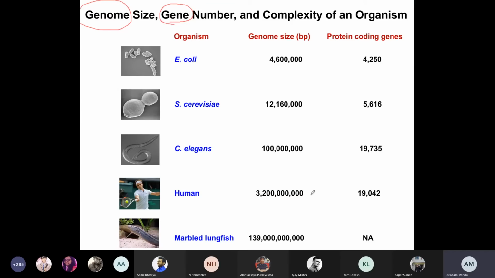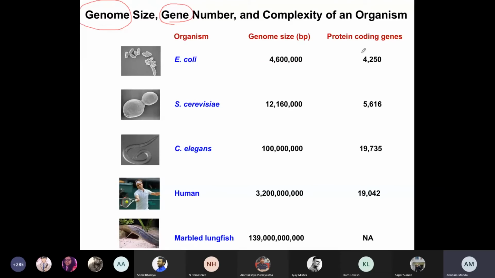Okay, when it comes to gene, it's basically particular regions within your genome which encode for proteins. Okay, so it's not that the entire part of your genome encodes for proteins. Specific regions of your genome encode for the proteins. Okay, for example, look into this particular chart. Here you can see that for E. coli, the genome size is 4.6 million, right?